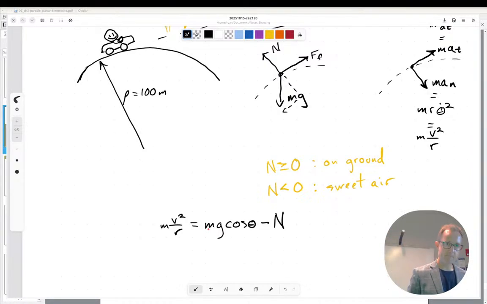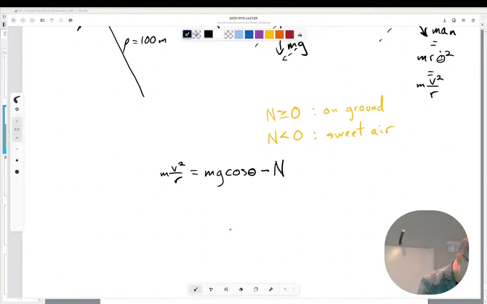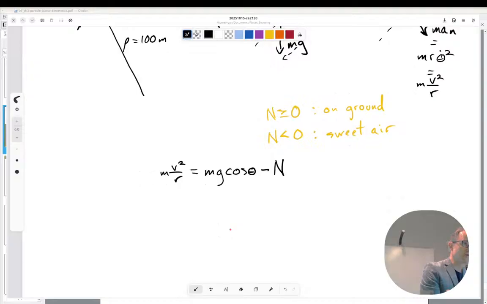Yeah. Cool. All right, so here, this is my suggestion. You can go from here whatever you want to do, but here's a suggested method that I like to do. Solve for n. So it's mv squared. Oh wait, sorry.